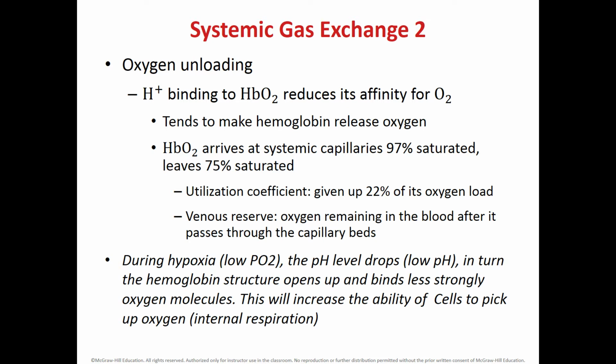So this will increase the ability of the cells to pick up the oxygen, so it will increase internal respiration. So the hydrogen is going to be important, because every time that you have high levels of hydrogen, you will displace the oxygen so that your cells can receive more oxygen.